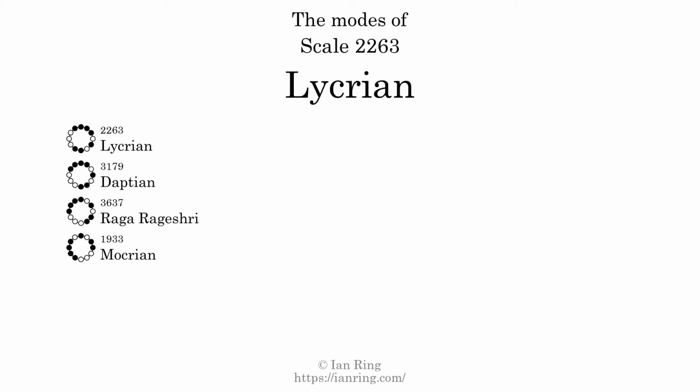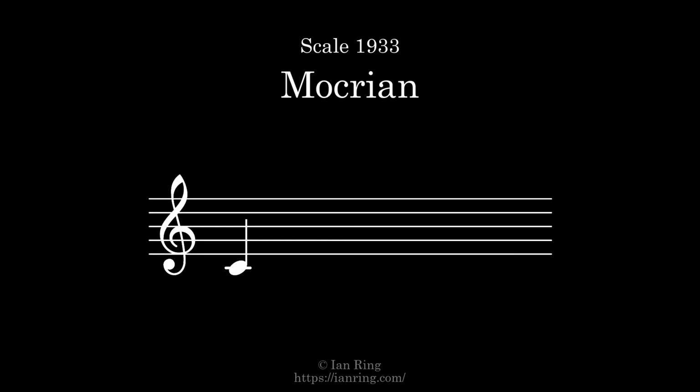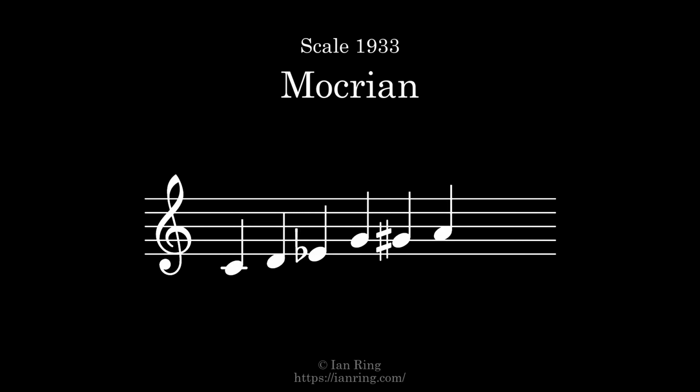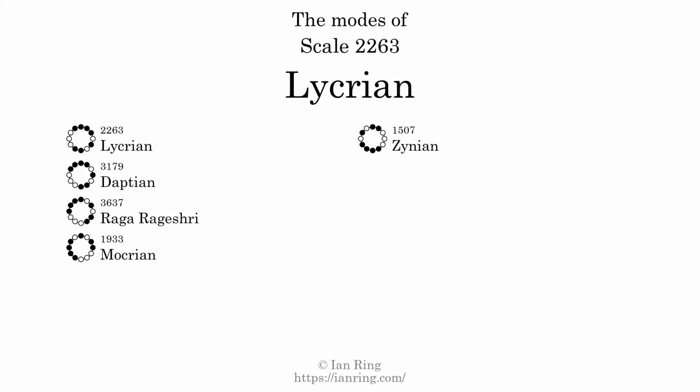The fourth mode is scale 1933, also known as Lycrian. It sounds like this. The fifth mode is scale 1507, also known as Zynian. It sounds like this.